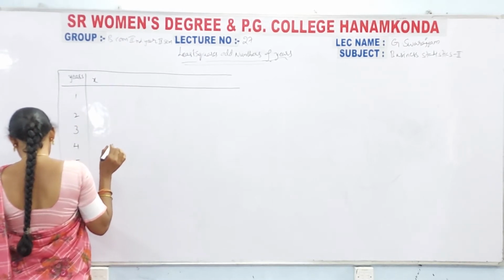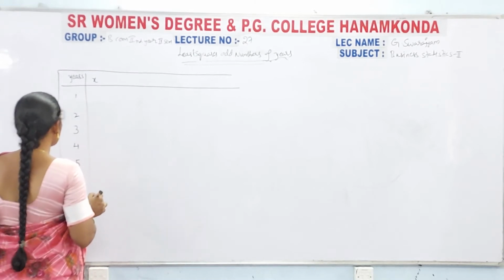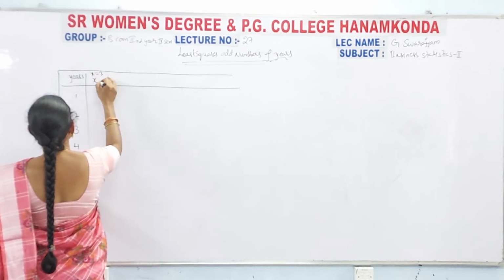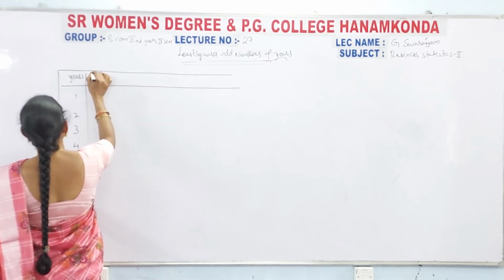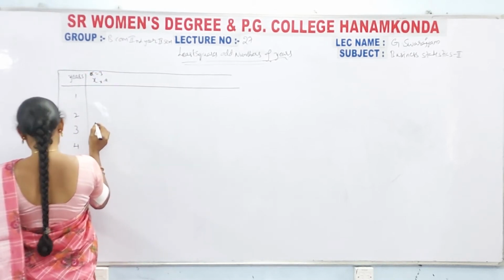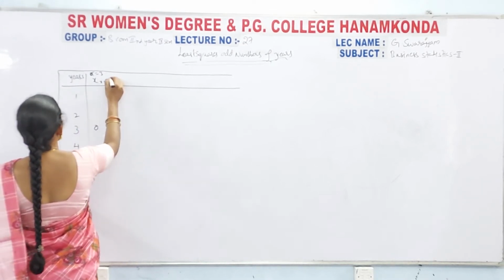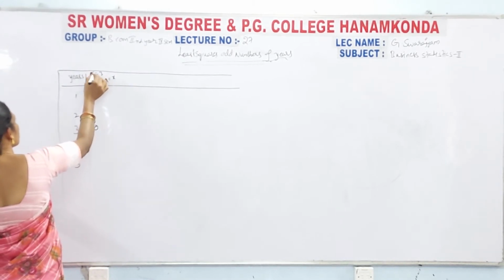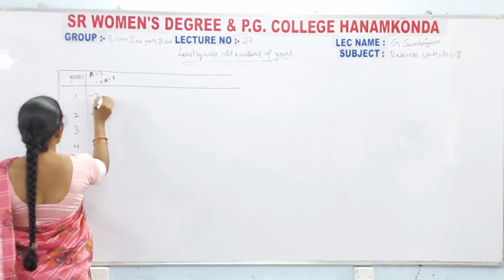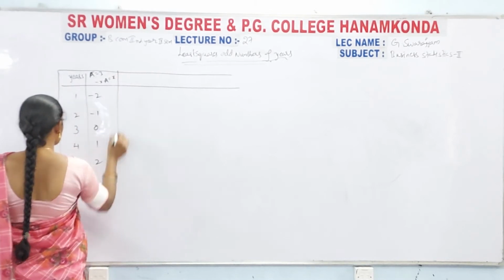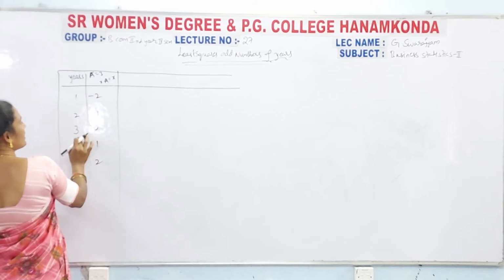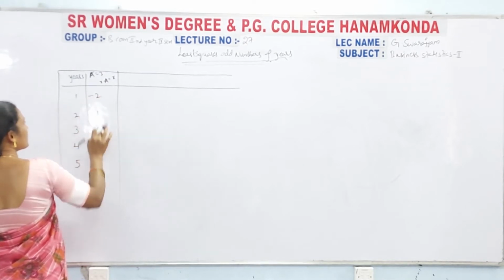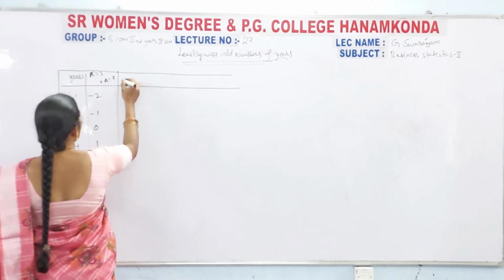We take X is equal to 3, so X minus A, where A is the middle value. 3 minus 3 is 0, 2 minus 3 is minus 1, 1 minus 3 is minus 2, and on the other side 4 minus 3 is plus 1 and 5 minus 3 is plus 2. So the X values are minus 2, minus 1, 0, plus 1, plus 2. Then the items are Y.